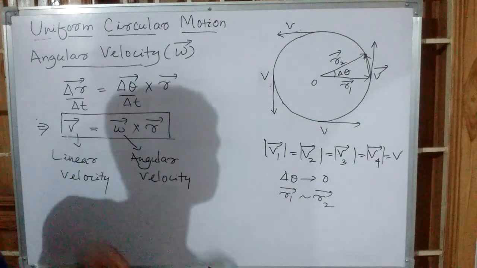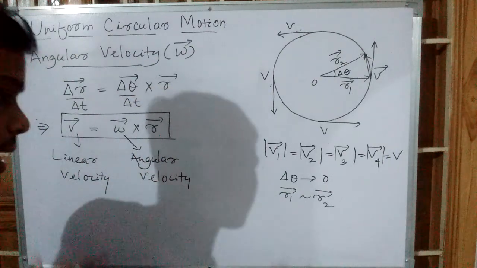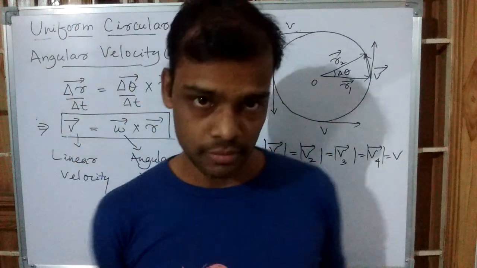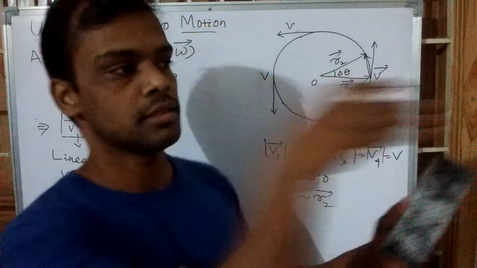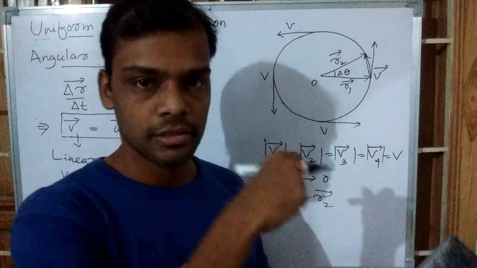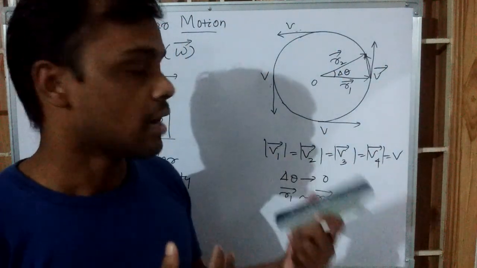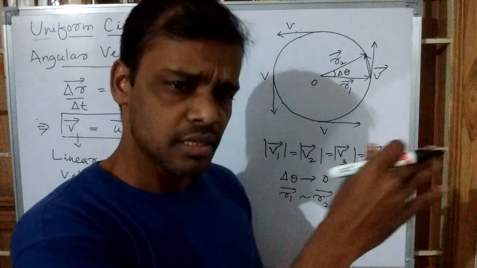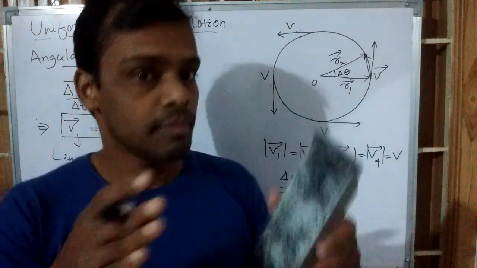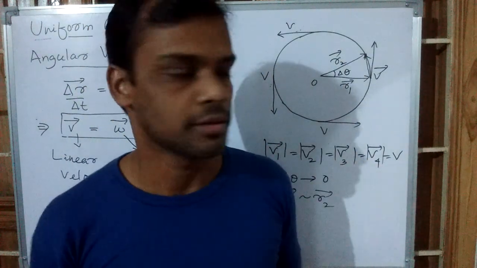Now what is the direction of omega? Again, since we know velocity is always along the displacement, linear velocity is in this direction. Similarly, angular displacement is in this direction, means angular velocity must be in this direction. Yes or no? Displacement and velocity must have the same direction.